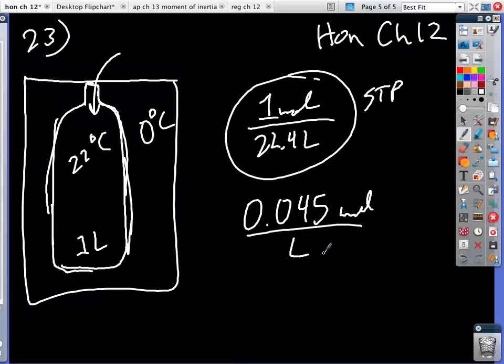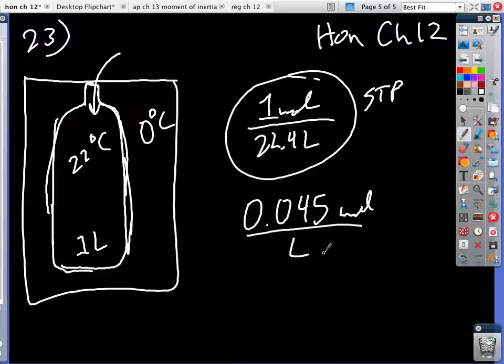And that's at 0. So if you leave this here for a while until the air inside is 0, then there should be that many moles of gas inside, right? So then you just have to find out how many moles of gas are inside when it's at 22 degrees Celsius.